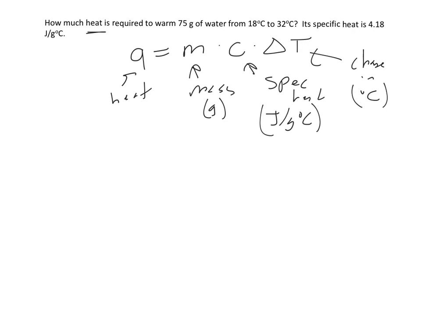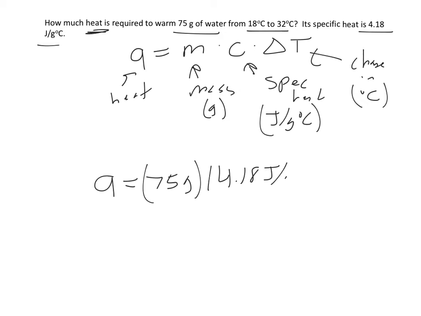So I want to figure out how much heat it takes to warm up 75 grams of water from here to here, and this is water specific heat. So it's really just literally plugging in. The mass is 75 grams. The specific heat is 4.18 joules per gram degree Celsius. And the change in temperature from 18 to 32, we just subtract them, and I get 14 degrees Celsius is the change, and so I just multiply those out.